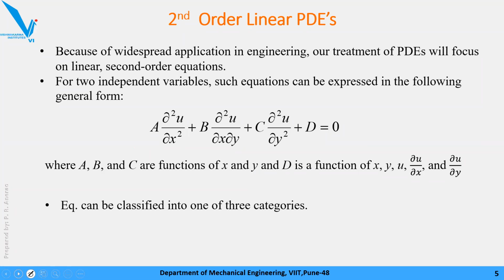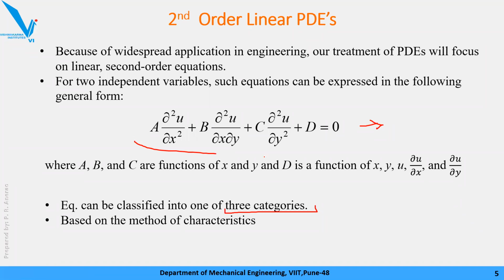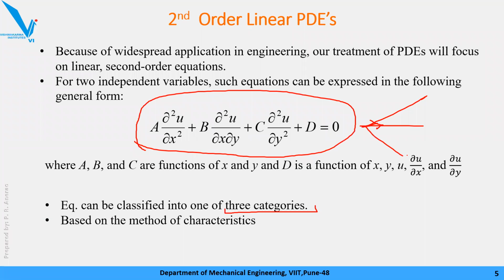Now further, this general form is classified into three categories. These three categories are created using the method of characteristics. Don't worry about it, I'll explain this later. And why are we classifying this equation into three different categories?